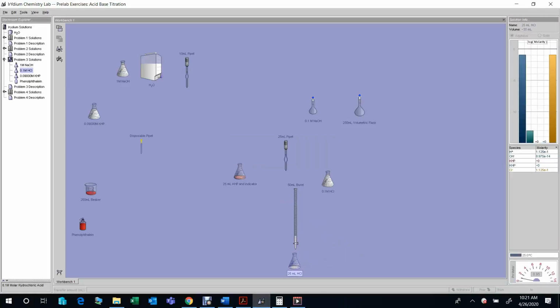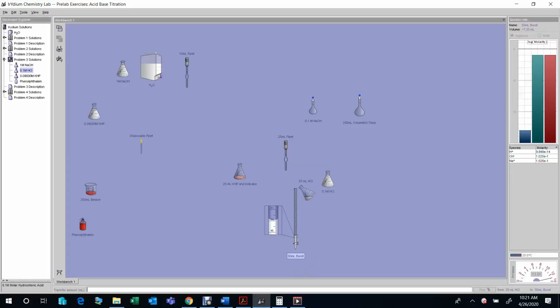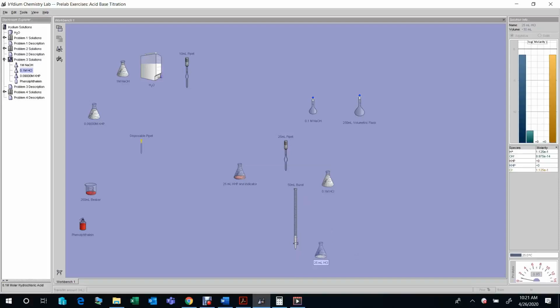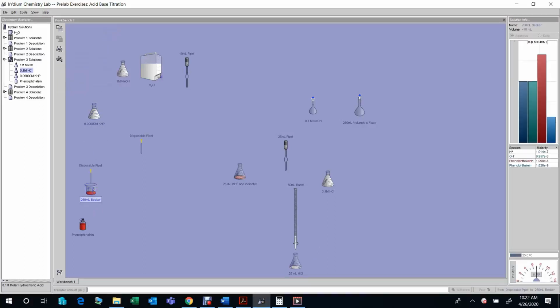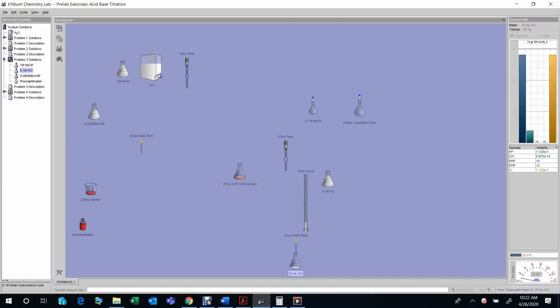Now we know the concentration of this sodium hydroxide, right? And then same thing, we need to add some indicator. We use a disposable pipette. We add 0.02, withdraw, and then pour.